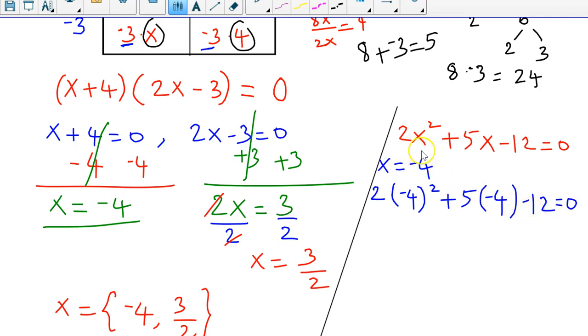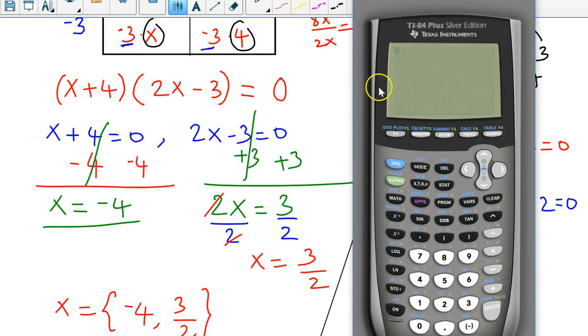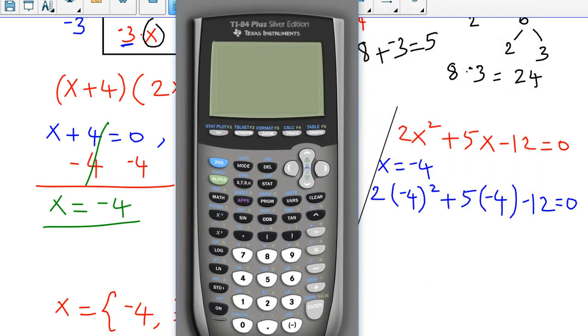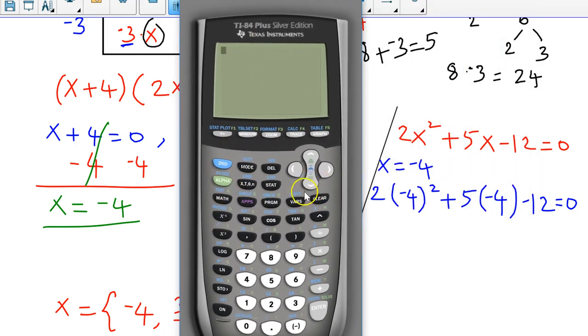That is, this given quadratic equation, we got the answer as x equal to -4. That value of x equal to -4, we are substituting here. So I substituted. Now I have to find its value. You can directly do it by making use of your calculator. Let us use calculator.